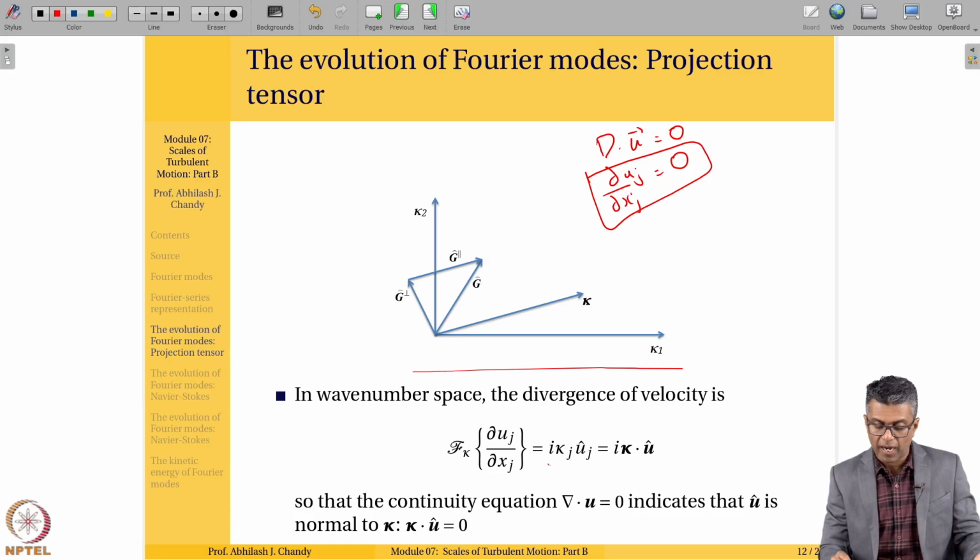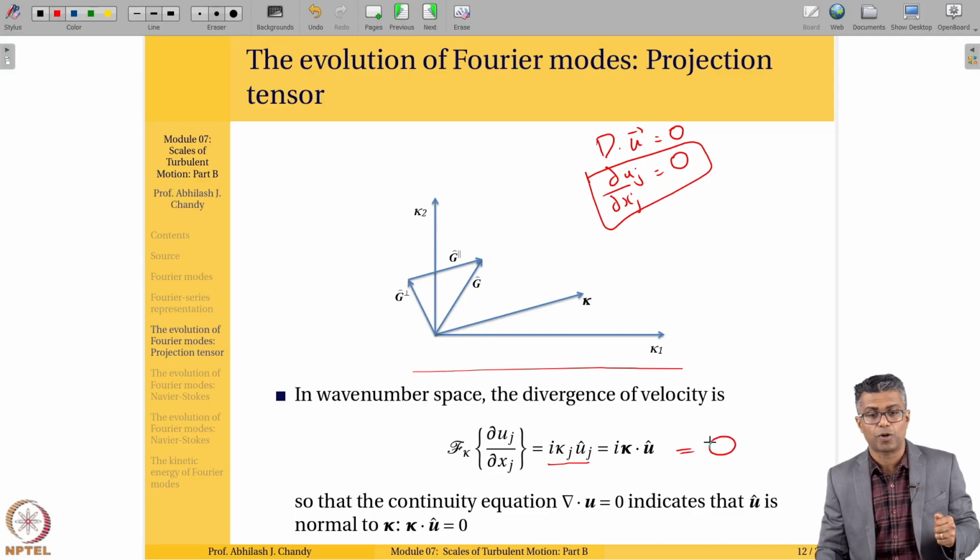So I would have i kappa j uj. In vector notation, that is i kappa dot u. In index notation, that is i kappa j uj. By the continuity equation, this has to be equal to 0, isn't it? Because del dot u is equal to 0, i kappa dot u is equal to 0. So kappa dot u is equal to 0.